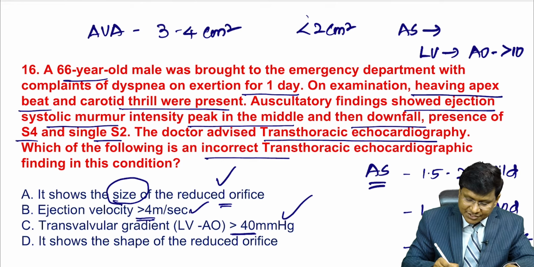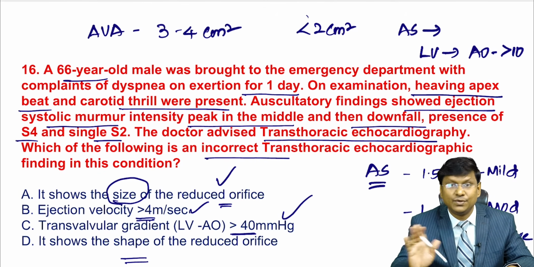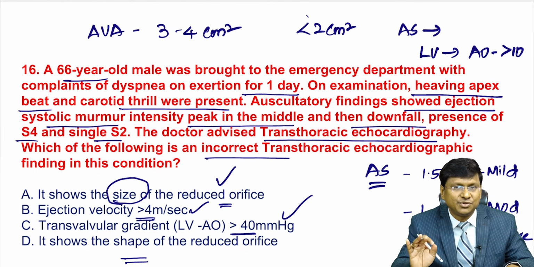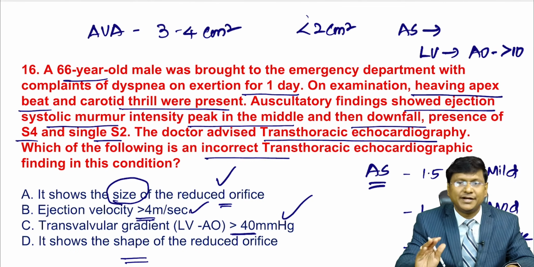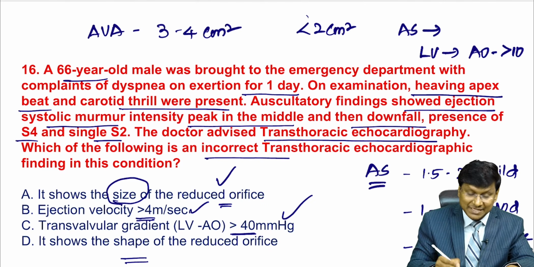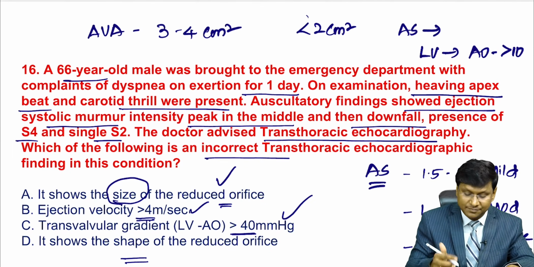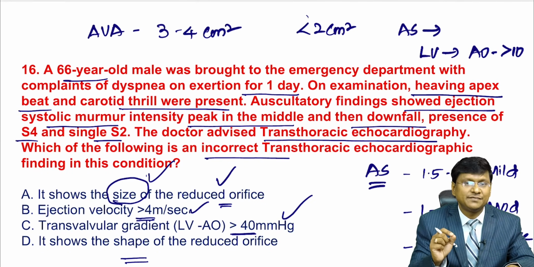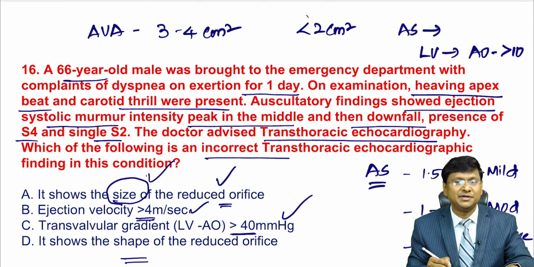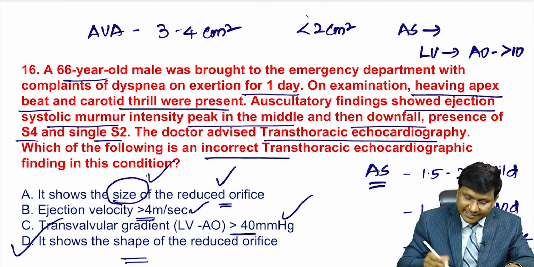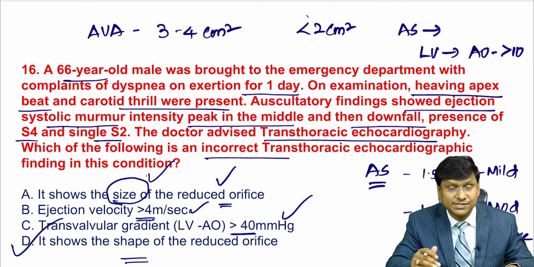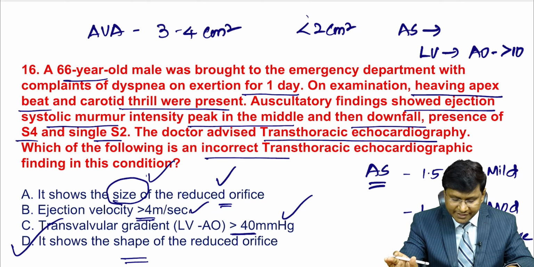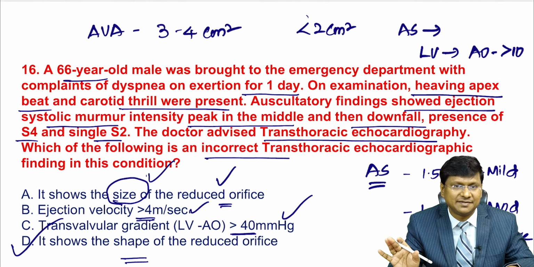And it shows the shape of the reduced orifice? No, the 2D echo will not show you the shape of the reduced orifice. It will just tell you the size of the reduced orifice. That is mainly what we do the 2D echo for. So the incorrect statement about transthoracic echocardiography in patients with aortic stenosis is that it shows the shape of the reduced orifice.